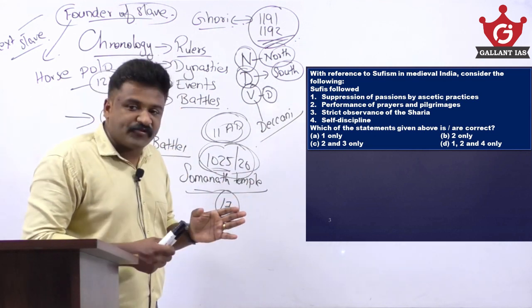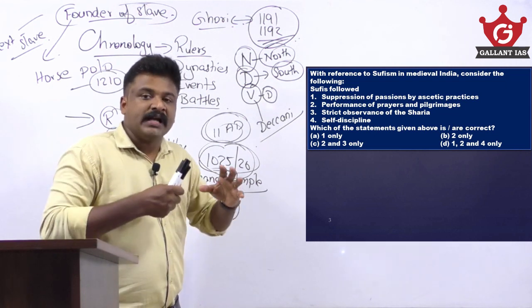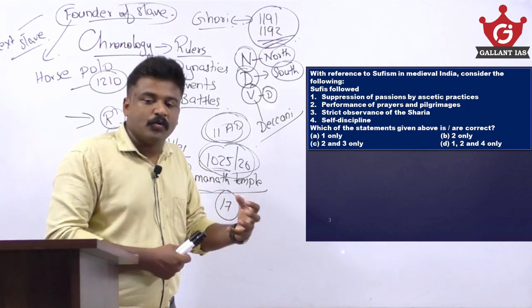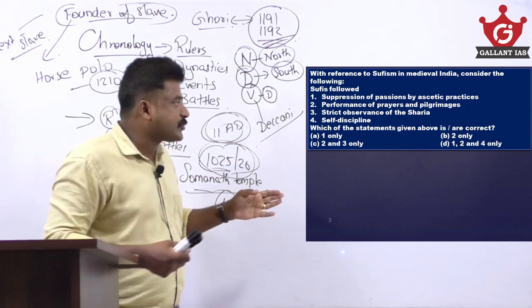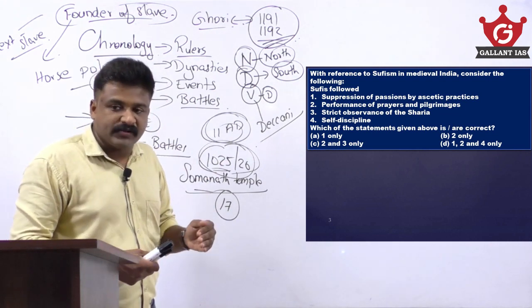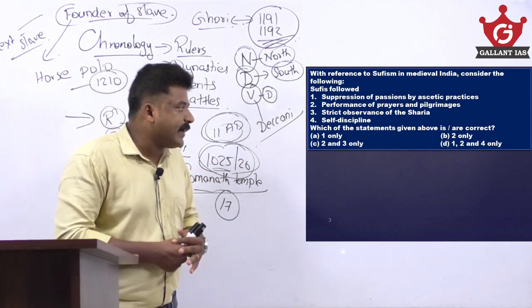Strict observance of the Sharia: this is not an orthodox movement. It was a liberal movement within Islam, so there is no strict observance of the Sharia. Self-discipline is true of Sufism in India. So your answer has to be 1, 2 and 4 only.